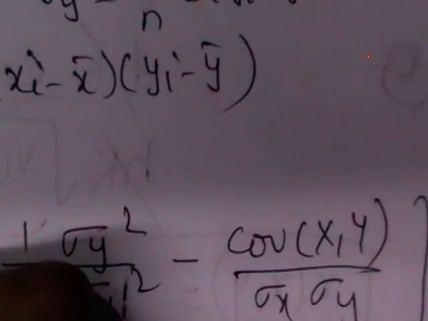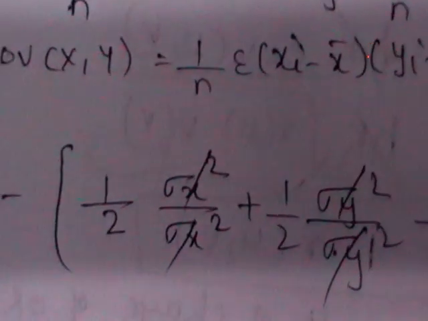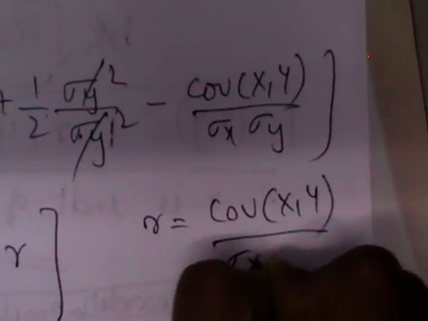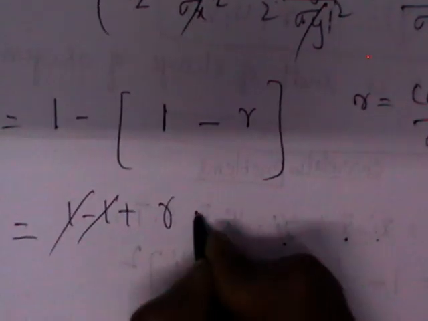These two cancel, these two cancel. 1 by 2 plus 1 by 2 is 1, minus r. What is r? How do you define r? As covariance of x comma y by sigma x into sigma y. So 1 minus 1 plus r. So you will get r, which is nothing but the LHS.